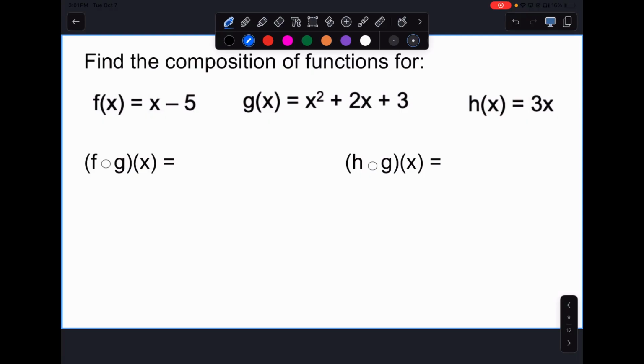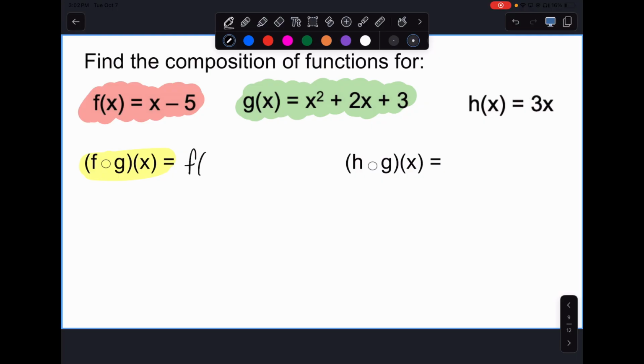This is going to be the same thing. We're going to start with the one on the left right here. They just give you 3 functions to work with. You're only going to work with 2 at a time for now. So this first one, we're still going to work with the f of x and g of x. So I want you to try this for that first one that I highlighted in yellow.